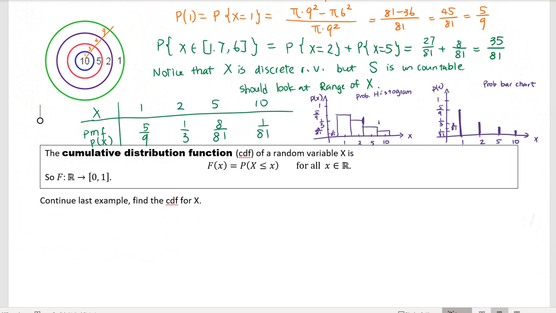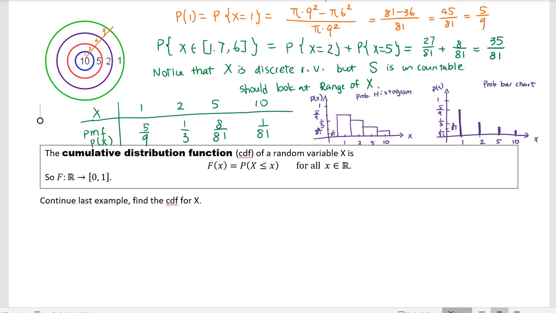Next, let's talk about the cumulative distribution function, CDF, of a random variable. So PMF is only defined for discrete random variables, and PDF is only defined for continuous random variables. The CDF, cumulative distribution function, is defined for both discrete and continuous random variables.